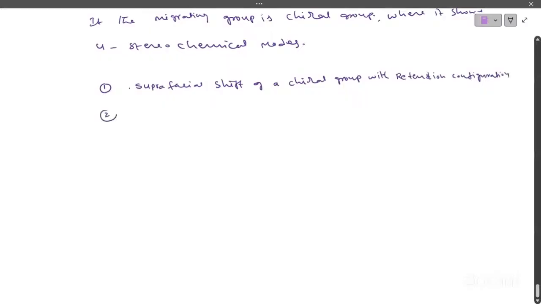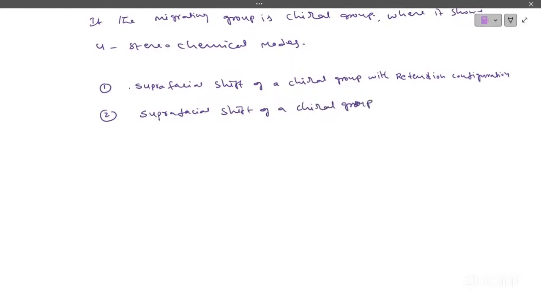The second one, suprafacial shift of a chiral group with inversion configuration.